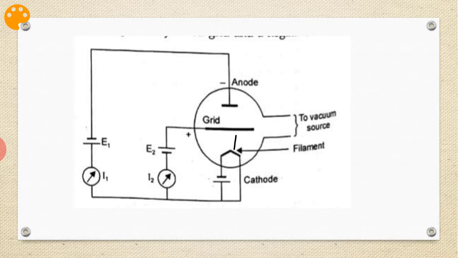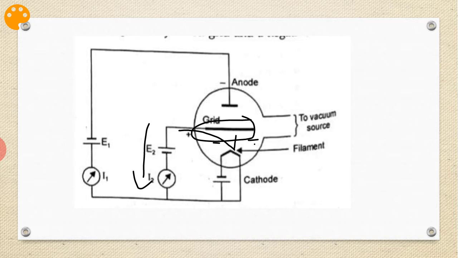Here the grid is positively charged, hence the electrons flow toward it, and the I2 current flows.